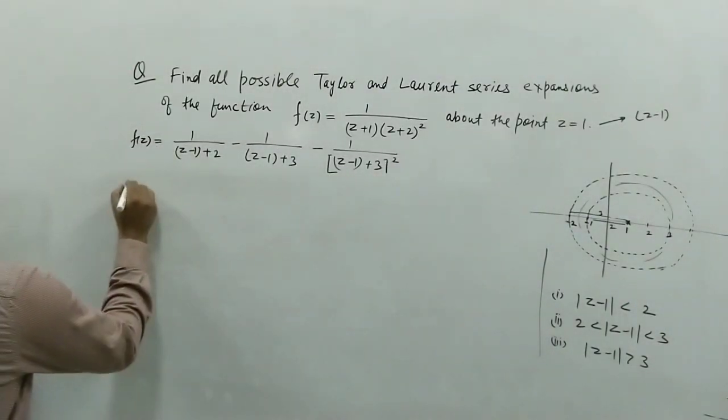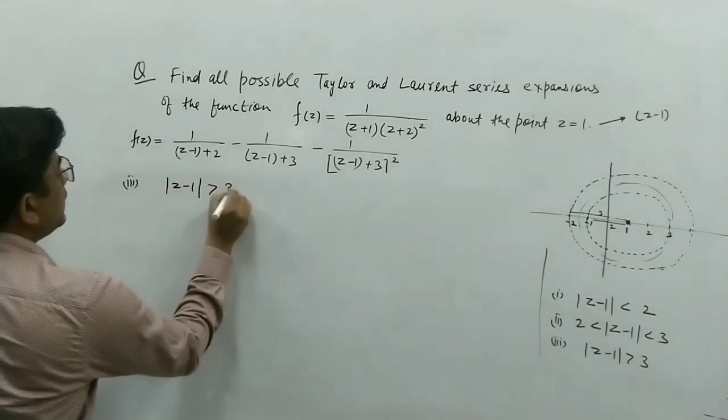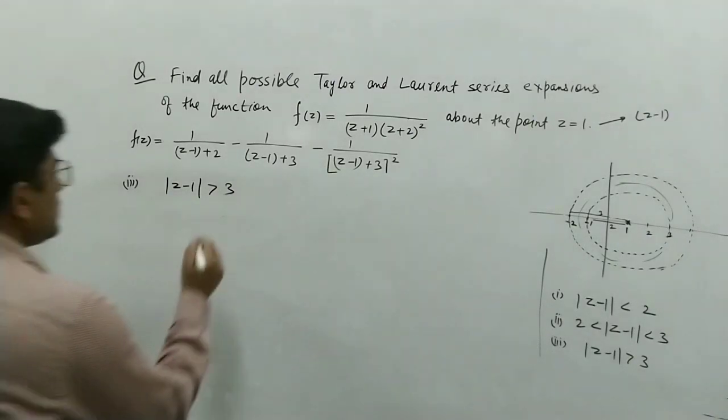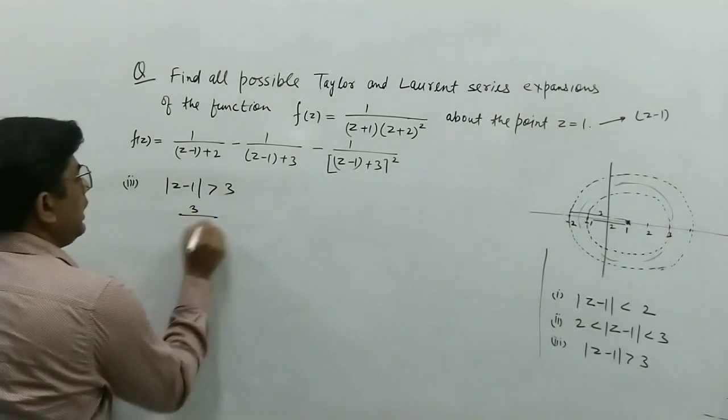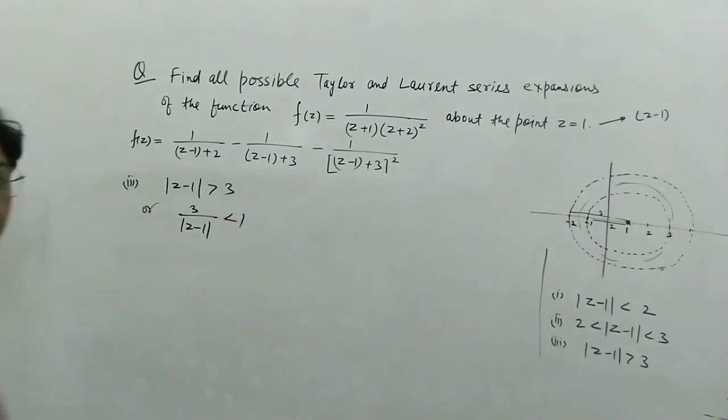The third case is mod z minus 1 greater than 3. So again we can write this as 3 upon mod z minus 1 less than 1. We can write like this inequality.